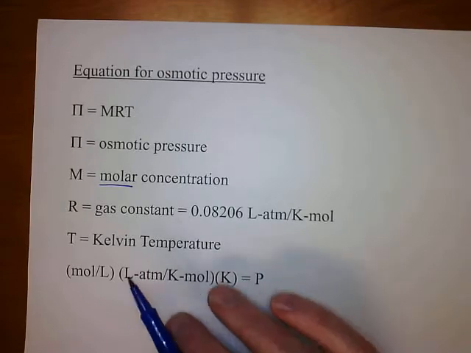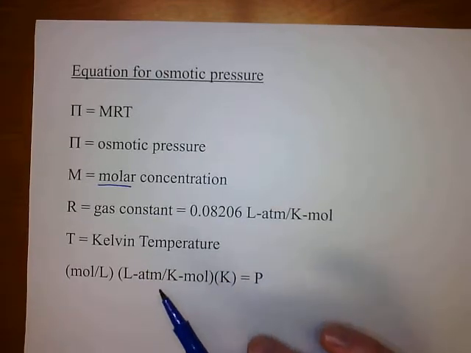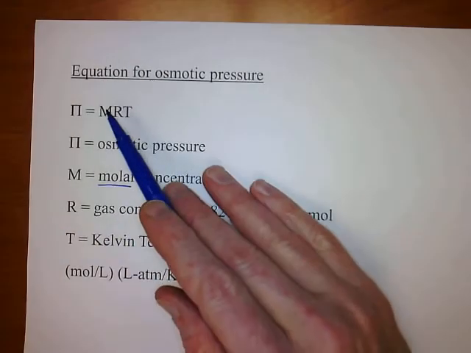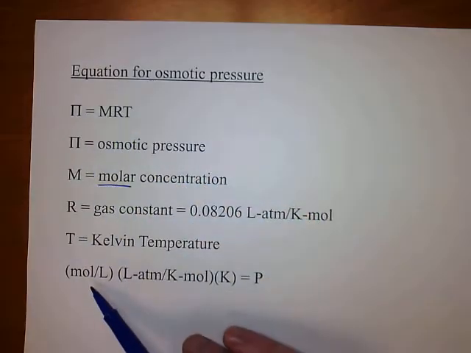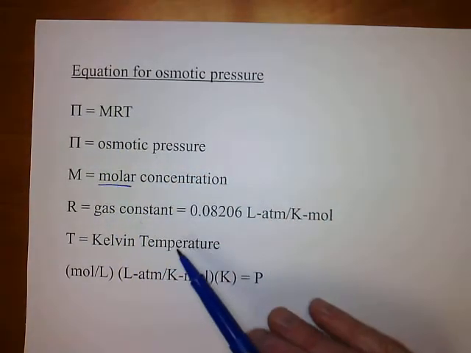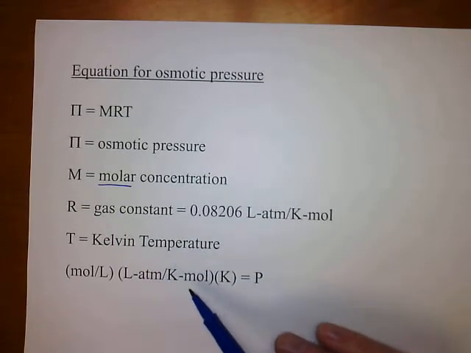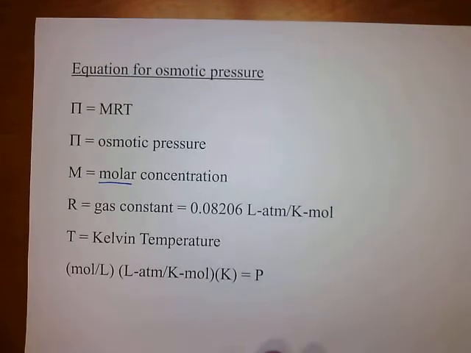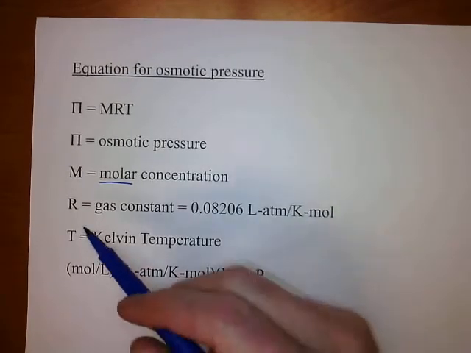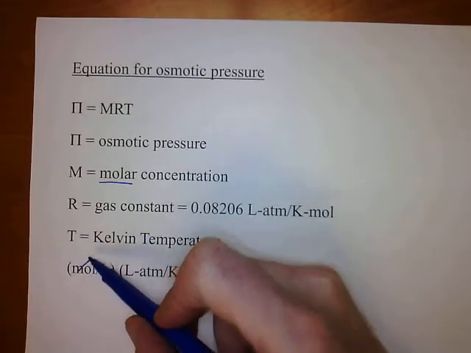All right, so if we look at how all our units work out, M is molarity, that's moles per liter. Okay. R is liter atmospheres per Kelvin mole, and your temperature is going to have to be in Kelvin. Well, if you look, the moles will cancel.